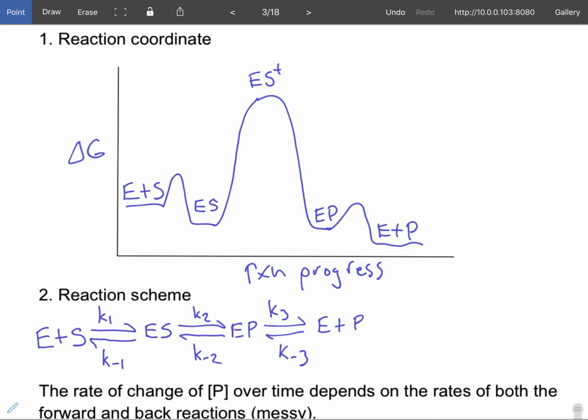Now, if there's not a whole lot of product around, then if any EP is made, right, any product is made in the active site, chances are it's going to unbind. It's way more likely to unbind the enzyme because this hill is small and there's not much product around here. Way more likely that this will unbind than it'll go backwards. So essentially, if we do a reaction where there's no product at the starting point and we measure the change in product concentration early, we eliminate K minus 2 and K minus 3.